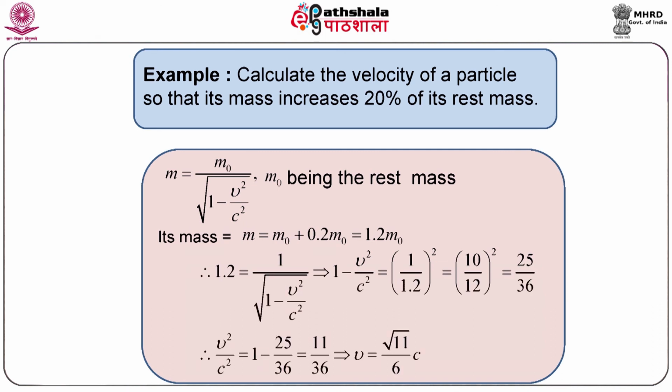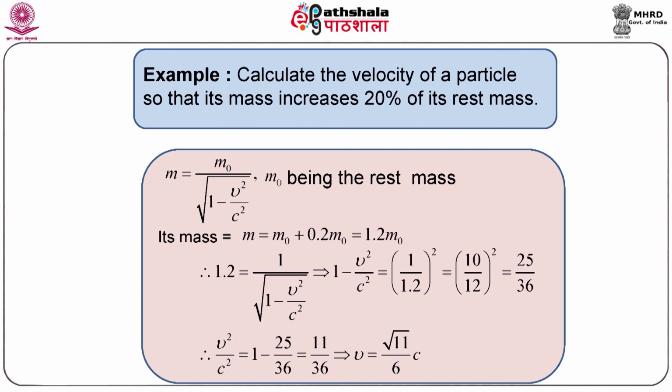If we substitute these in the previous equation, we get this result. This gives 1 minus v squared divided by c squared is equal to 1 divided by 1.2 squared. This finally gives 25 divided by 36.